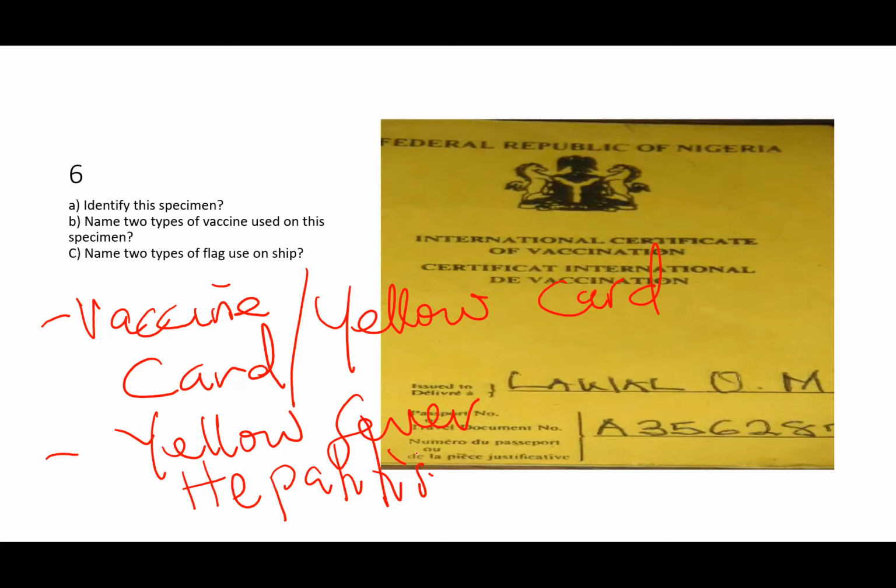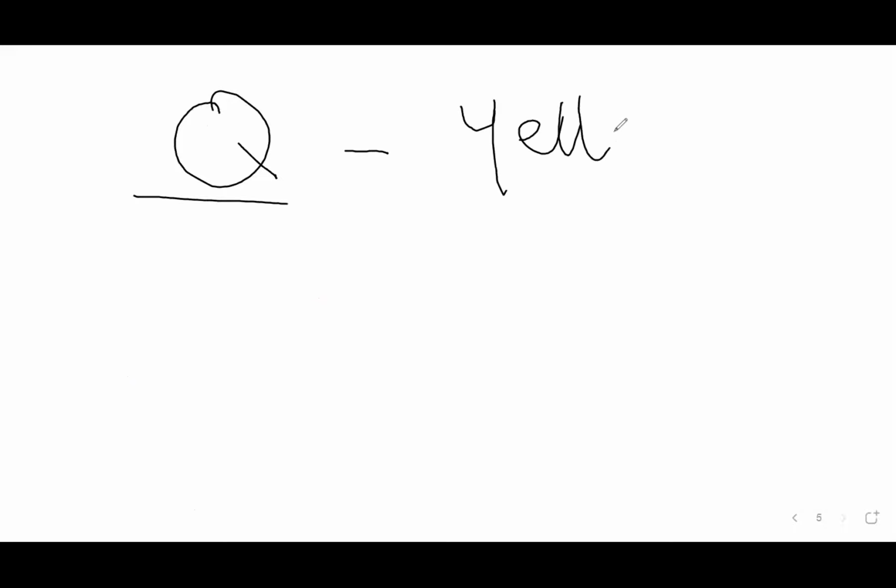Okay, the next question, name two types of flags used on a ship. Now, these flags are called the Q flag. You have the yellow flag.